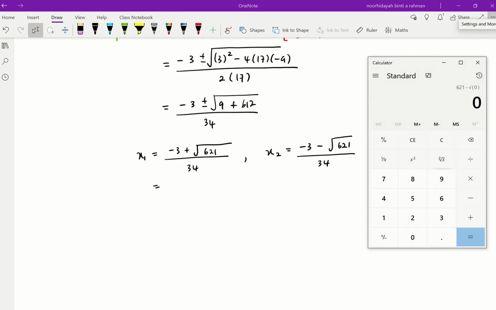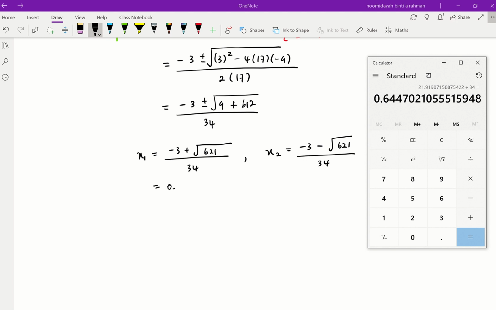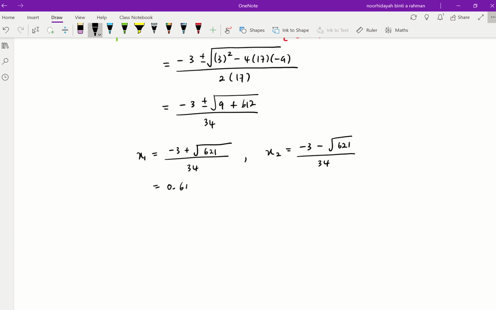Let's take the square root of 621 minus 3, over 34, so it becomes 0.6447.